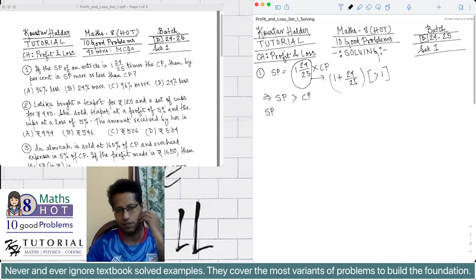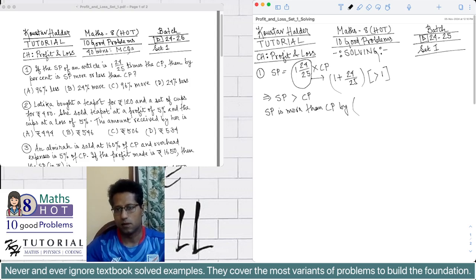That is, it is asking what percentage the difference of SP and CP is of the CP. So we can say that SP is more than CP by, we have to find the difference of SP and CP in terms of CP.